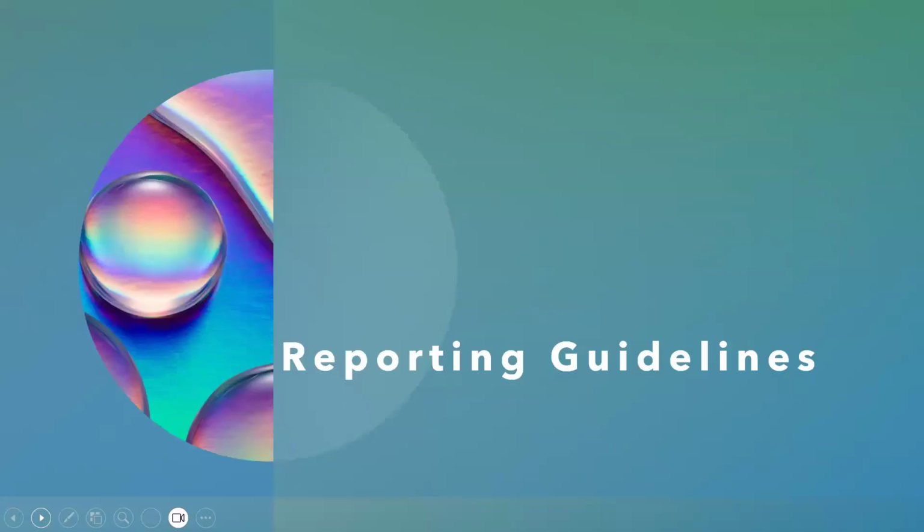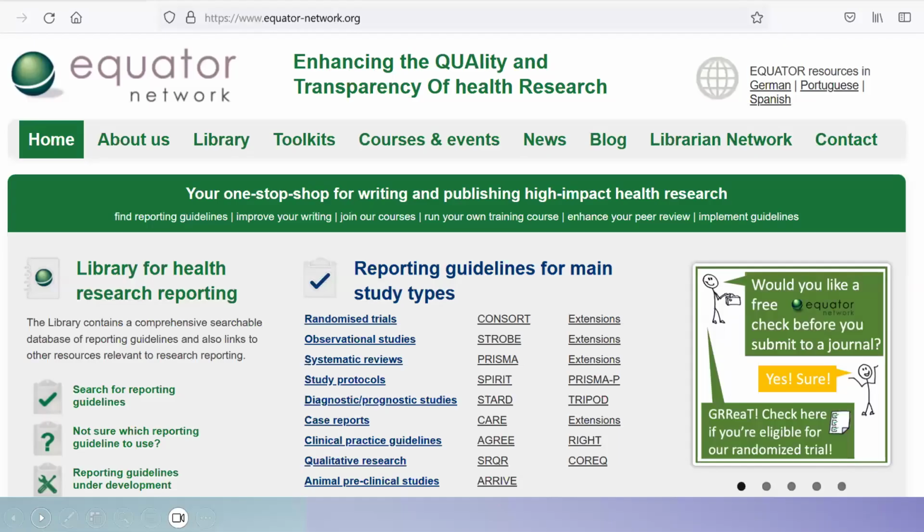Before we end, let's look a bit at the reporting guidelines we were discussing earlier. This is how the homepage of equator-network.org looks like. And here you see the reporting guidelines for different study types. So in your free time, you may want to look at all of these and check out their checklists.